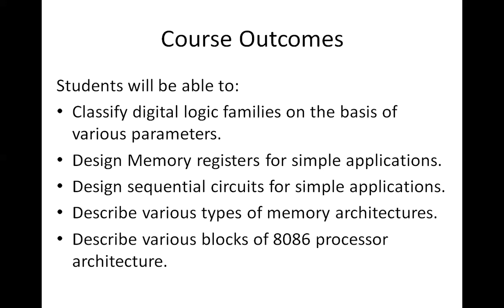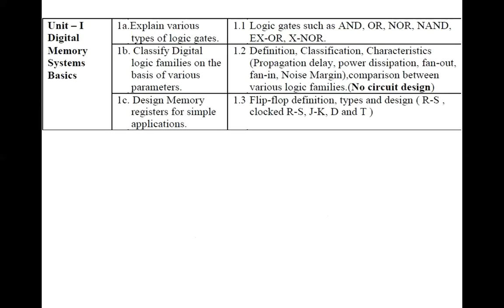This subject has a total of 5 units, and hence 5 course outcomes are designed, mapping each to a single unit of the curriculum. So let's start by looking at the university curriculum for this subject.